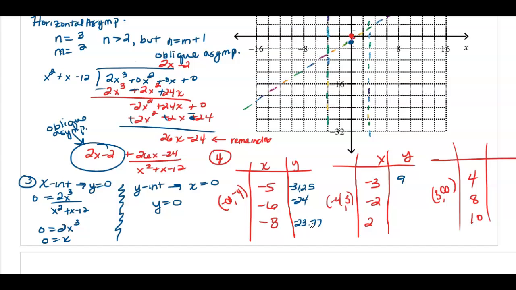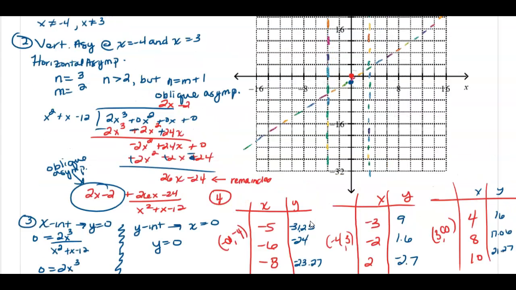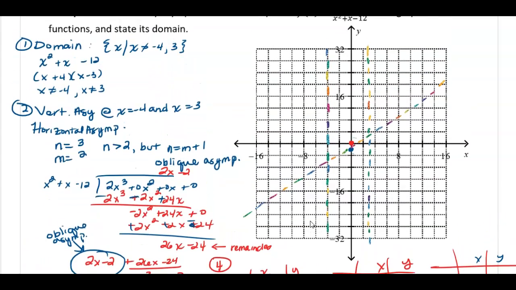Then we get 9, which is super easy, 1.6, negative 2.7, and then the last one, remember this is x, this is y. We get 16, we get 17.06, and we get 21.27. All right, so let's go ahead and plot these.